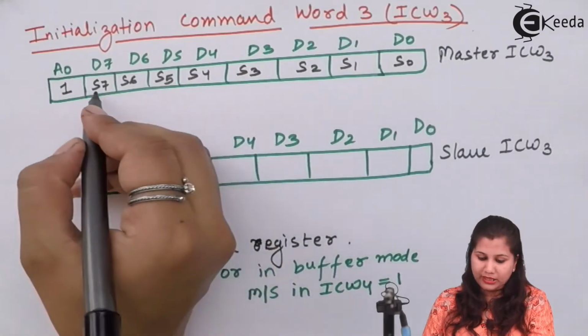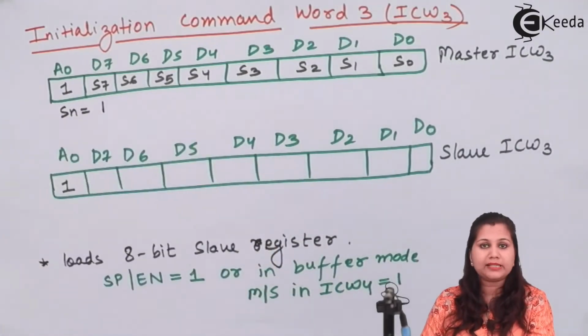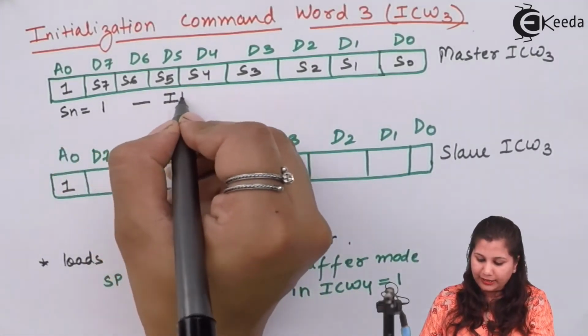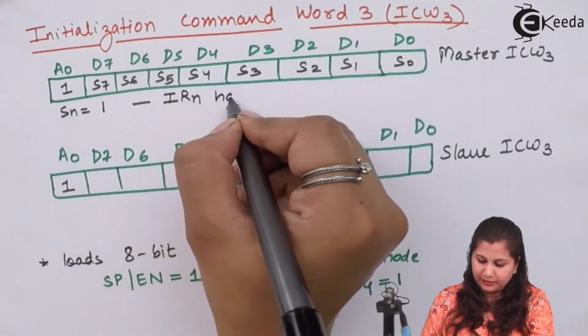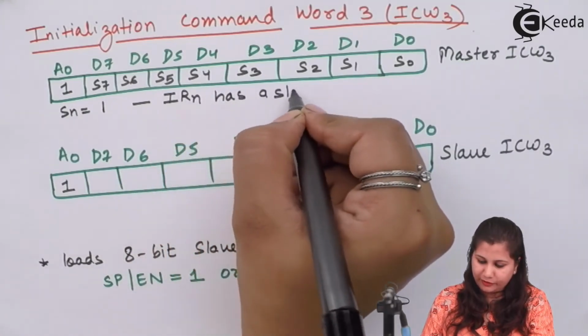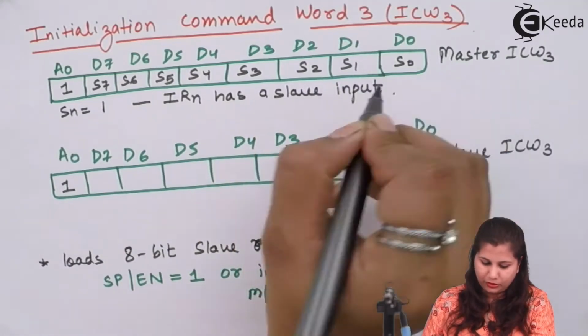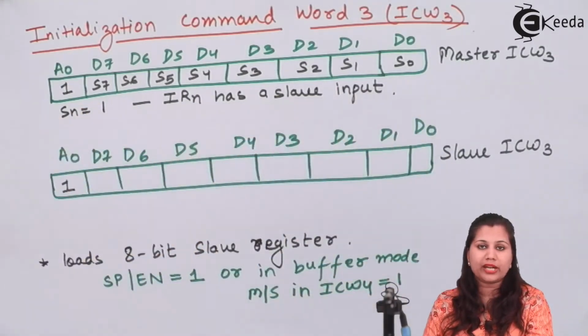Okay, so when any of the bits is set, it means that the IRN has a slave input. So these 8 bits are used to set the bits of the slave register.